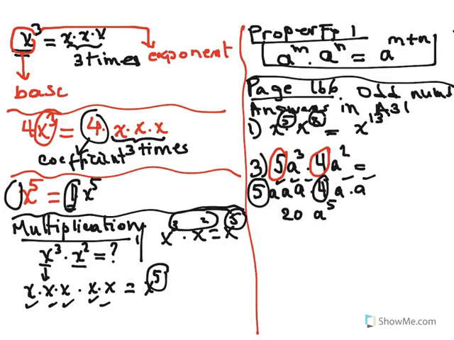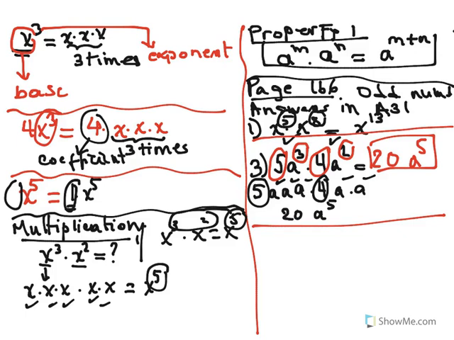So what do I do when I have coefficients? I multiply 5 times 4, that's 20, and then the a to the third and a to the second gives me a to the fifth. That's the answer for problem number 3. Okay, so problem number 1 and problem number 3 are done, you're going to do number 4.